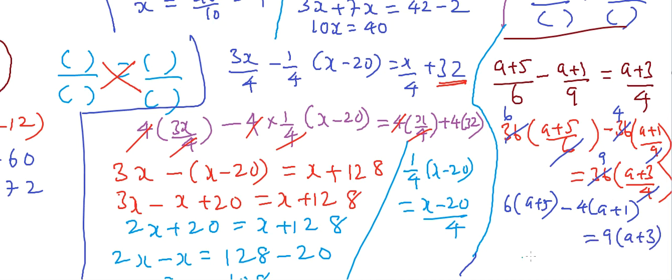Now let's expand. So 6 into a, 6a plus 30 minus 4a minus 4 equal to 9a plus 27.